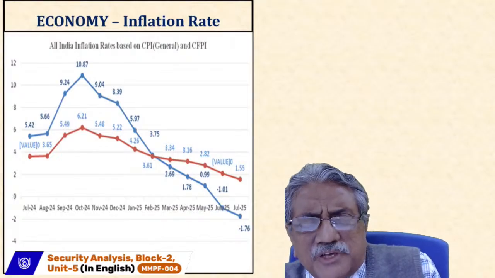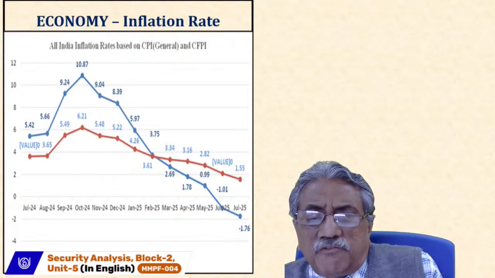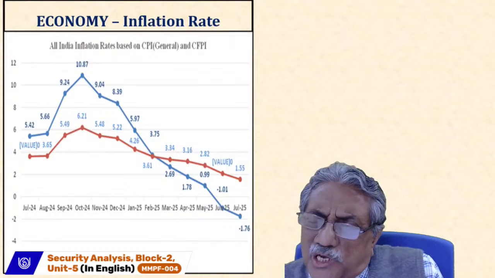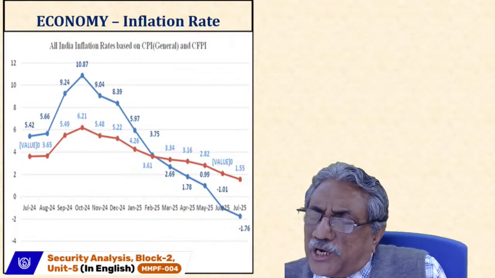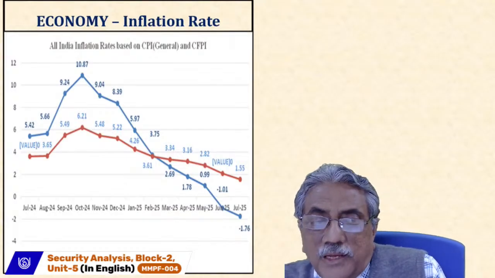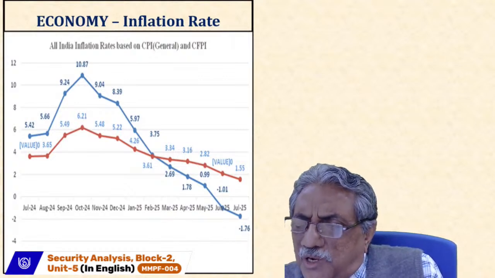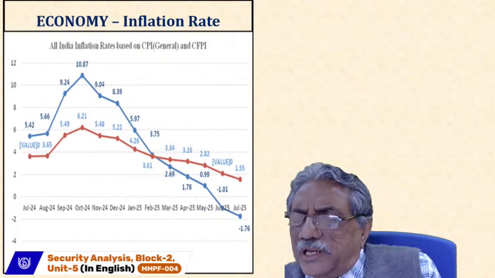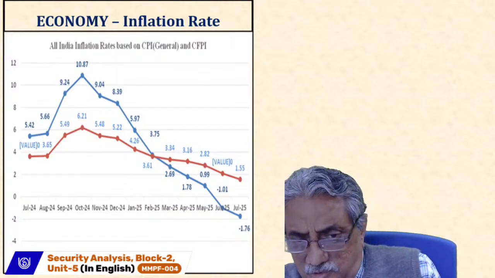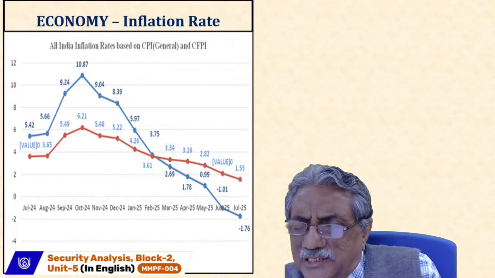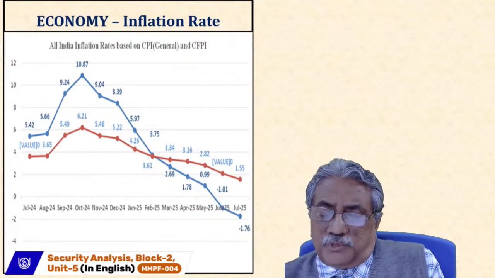Benign means it is very low. Now if inflation is low, technically the prices of commodities have come down. If prices of commodities have come down, that means with the same 100 rupees, I can now buy more. Or the other way I can say my buying power has gone up.